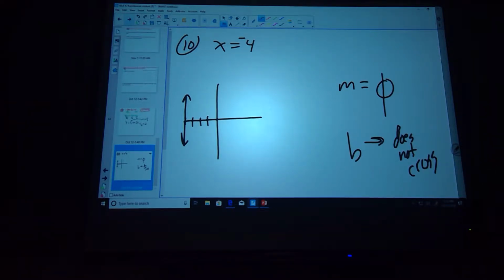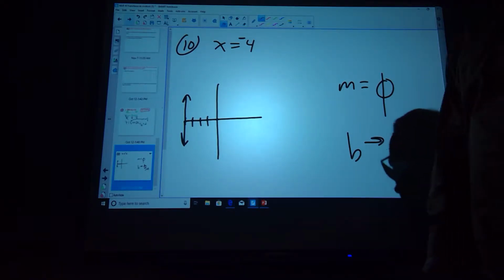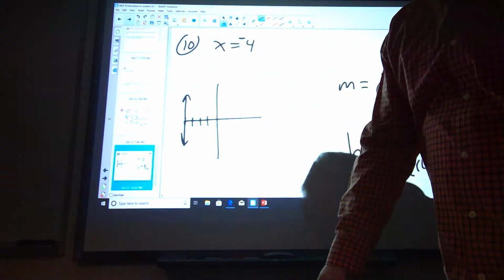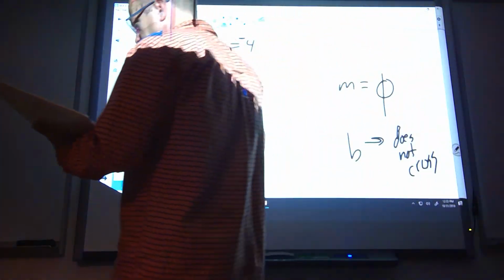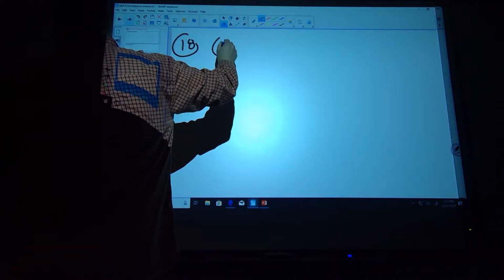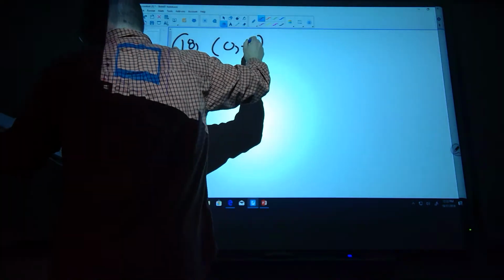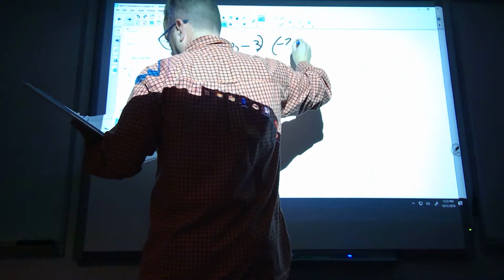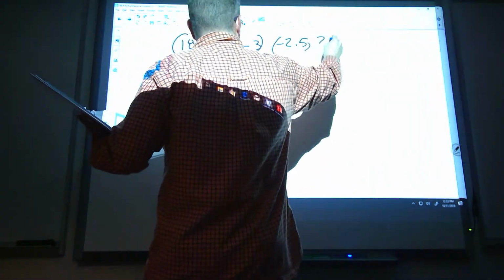What else from the homework would you like to take a look at? Number 18. We got 0, negative 3, and then we got negative 2.5, comma 2.